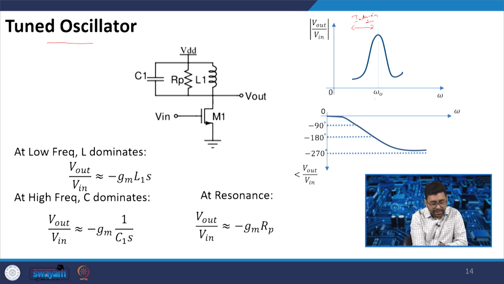At low frequency L dominates, and V out by V in is given by minus Gm into L1 S, that is the impedance of L1. At high frequency, the capacitor will dominate, and you will have V out by V in equal to minus Gm by 1 by C1 S. At resonance you will have V out by V in equal to minus Gm into Rp.